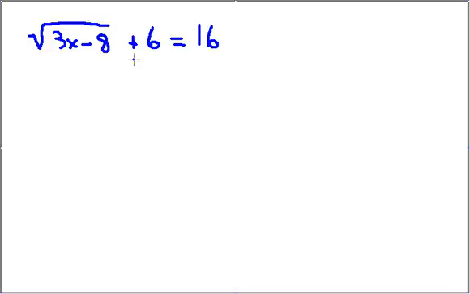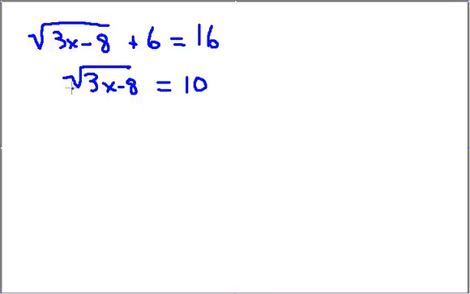So we need to subtract 6 from both sides. That leaves us with radical 3x minus 8 on the left, since subtracting 6 cancels out the positive 6. And then we subtract 6 from the right. 16 minus 6 is 10. That's our first step. Are we now left with the radical all by itself?